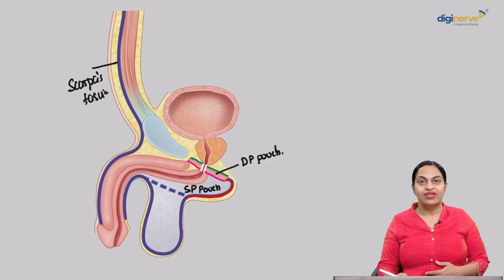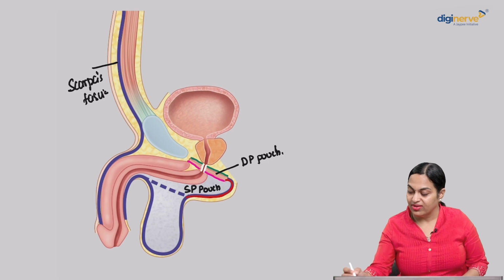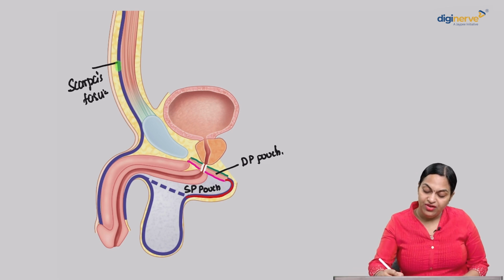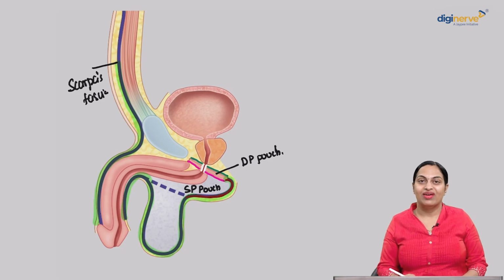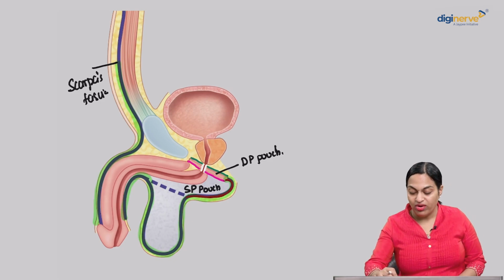This membranous layer, if we trace it further down, it becomes continuous with the fascia of the penis and then with the dartos of the scrotum and then with the Colles fascia, right? So this is very, very important.